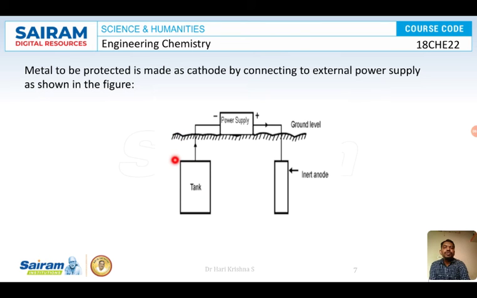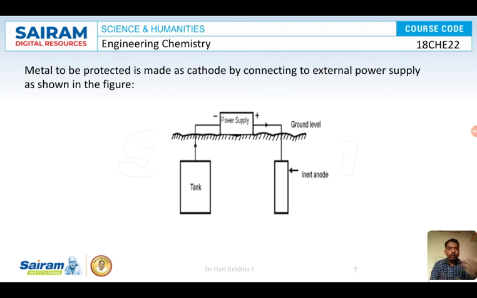The electrons should be equally supplied throughout the structure. If 10 electrons are here, equal current should be here. Sorry, not electrons, the voltage should be equal throughout the tank. Whatever voltage is here, it should be the same here, here, or any part of this. If there is unequal distribution of voltage, then what will happen? Localized galvanic cells will be formed and localized corrosion may occur.